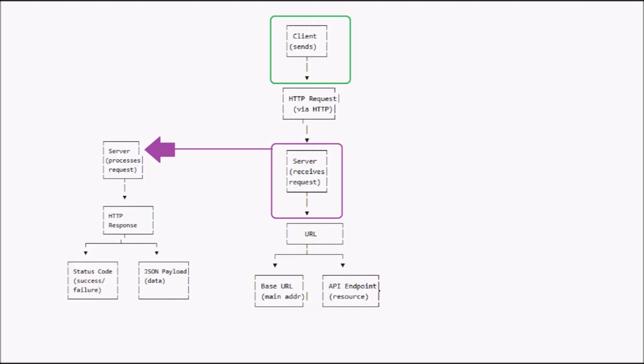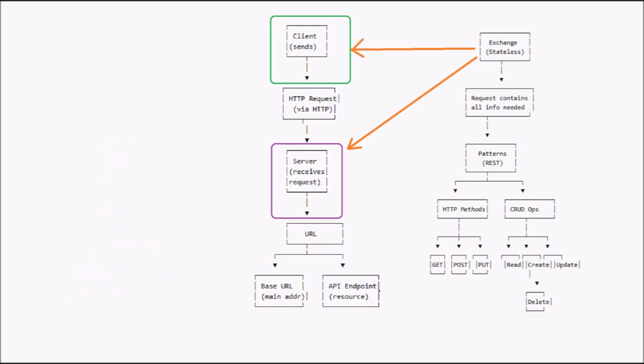The server processes the request and returns an HTTP response, which includes a status code and often a JSON payload. This exchange is stateless, meaning each request contains all necessary information, and it follows patterns such as REST, where standard HTTP methods like GET, POST, PUT, and DELETE correspond to CRUD operations.